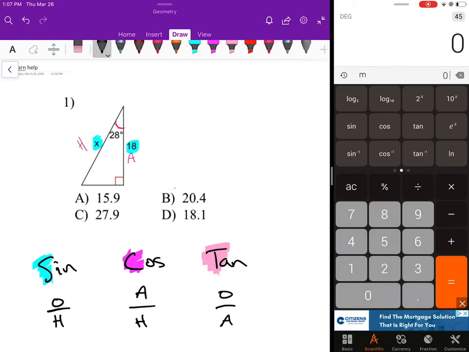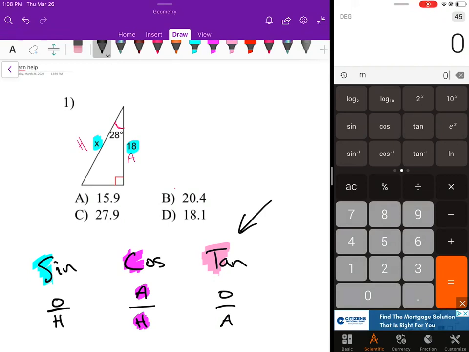Now if I come back down to the ratios that I wrote at the beginning, I want to ask myself which of those ratios has A and H. You can see that it's cosine, so I'm going to be using cosine here. Now I'm almost done.